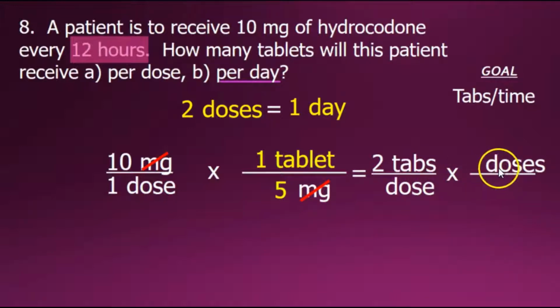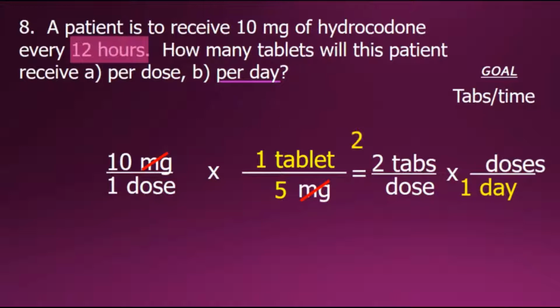And to do so, we will have to have dose in the numerator and day in the denominator for our conversion fraction having a value of 1. This allows us to cancel out dose, leaving tabs per day, for a final answer when we multiply and simplify the fraction to give us 4 tablets per day.